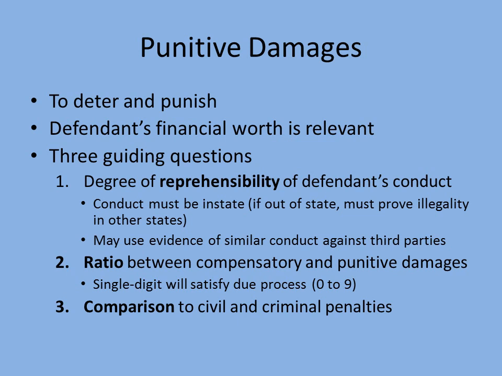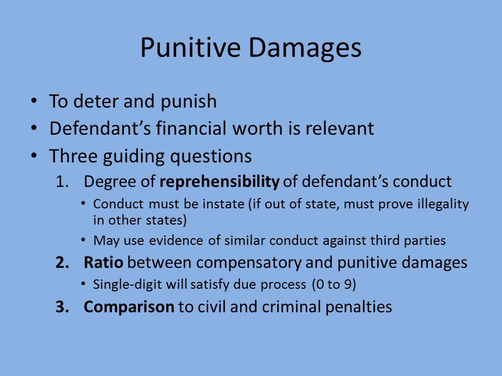Then you're going to look at the ratio. The ratio is looking at what the amount is of compensatory damages compared to the punitive damages. Now, the reason you look at that is a majority of the Supreme Court has determined that due process can be violated by too big of an award.